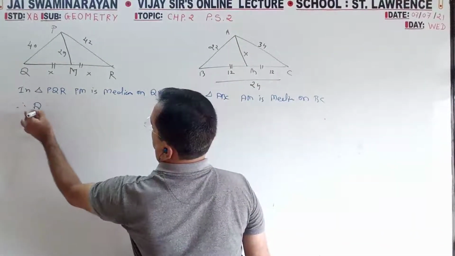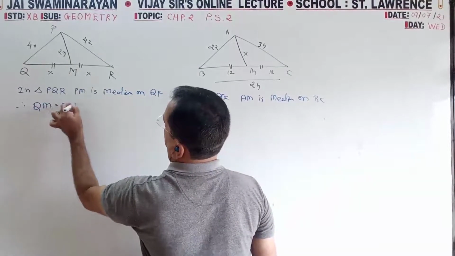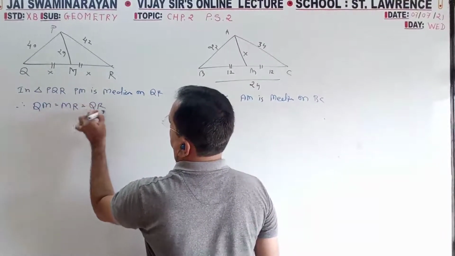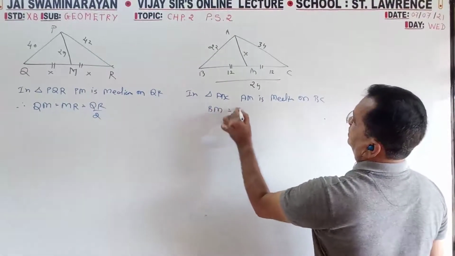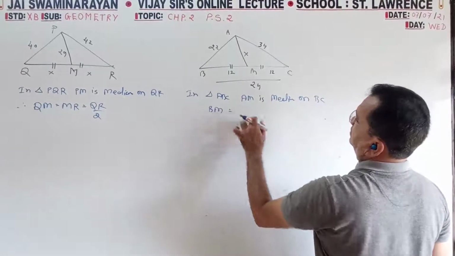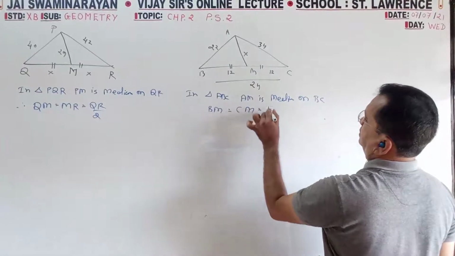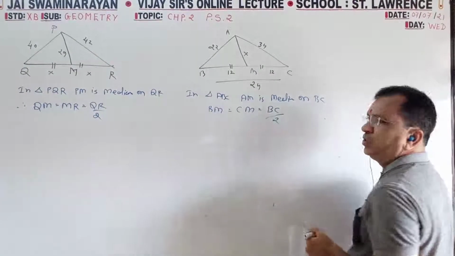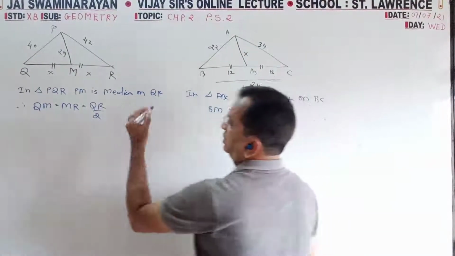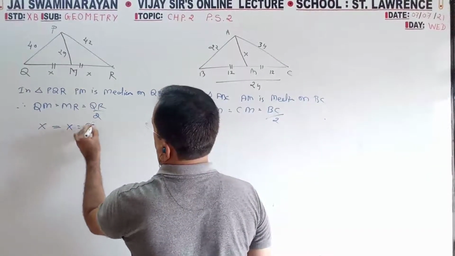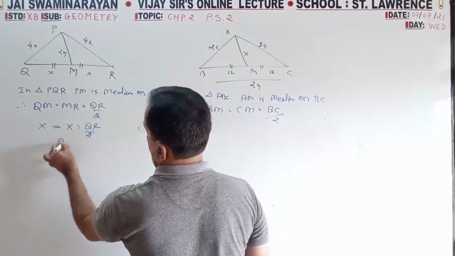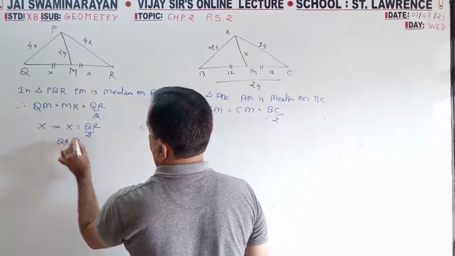Therefore, QM is equal to MR is equal to QR by 2. Here, BM is equal to CM is equal to BC by 2. So here I am considering X is equal to QR by 2. So QR is equal to 2X.